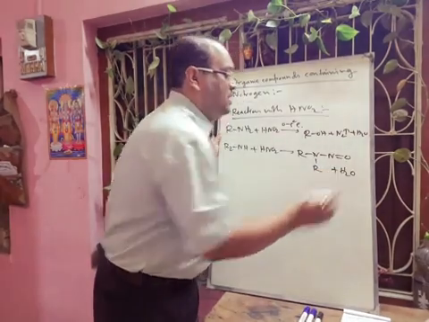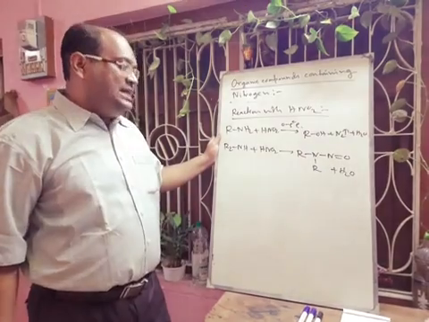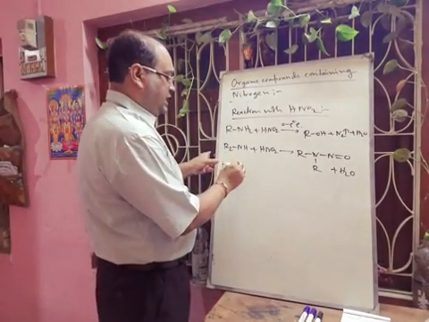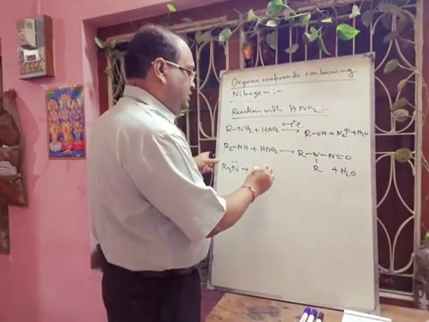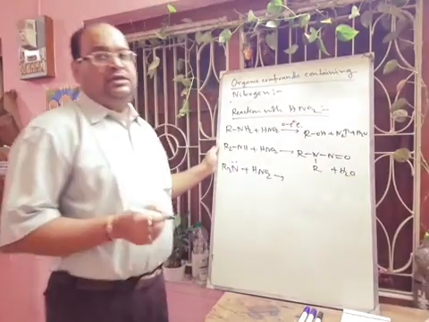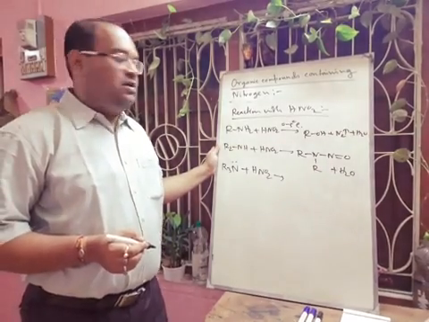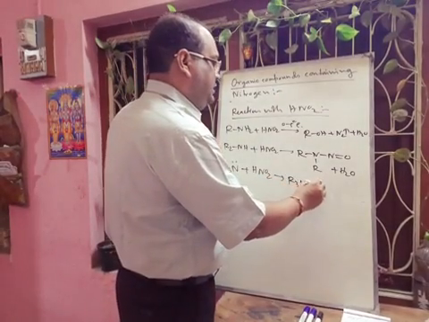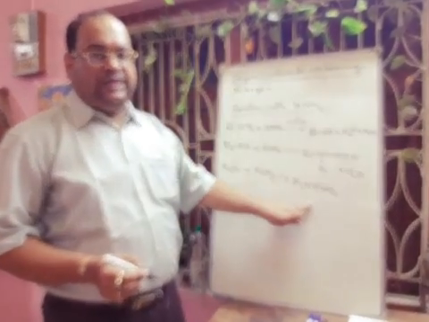But whenever we take the tertiary amine, then what will happen? If we take R3N, and here if we add this nitrous acid, there will be formation of R3NH+ NO2-, a salt will form.